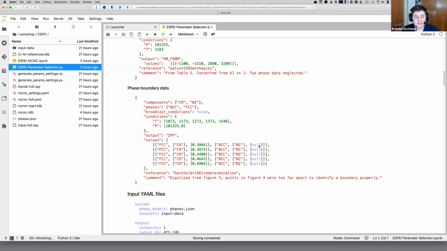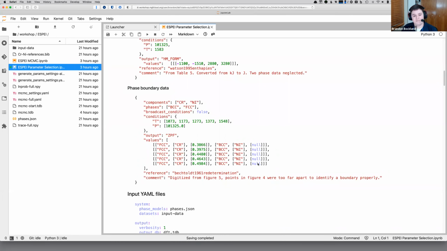And then for nickel, for the BCC phase, in this 2-phase equilibrium, we're using null here. That indicates that for whatever reason, the way this experiment was conducted or how the data was collected, we don't know what the composition is. Having these nulls here is not a problem.